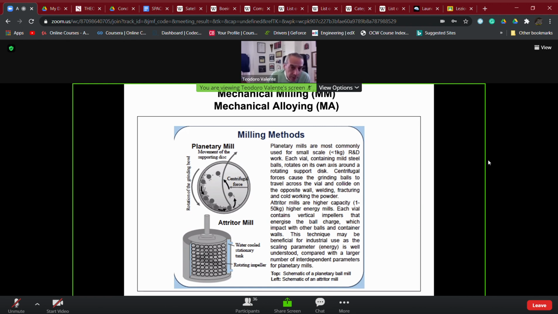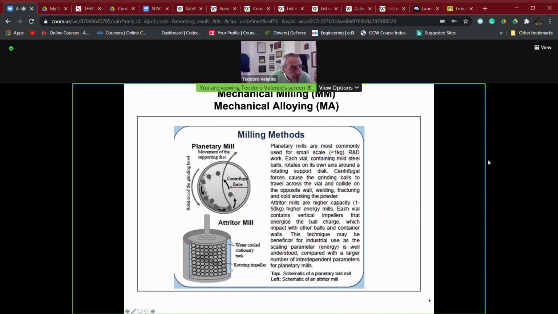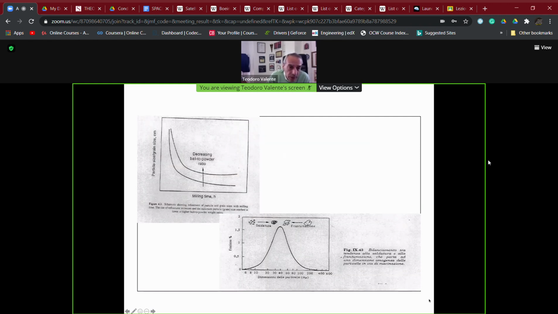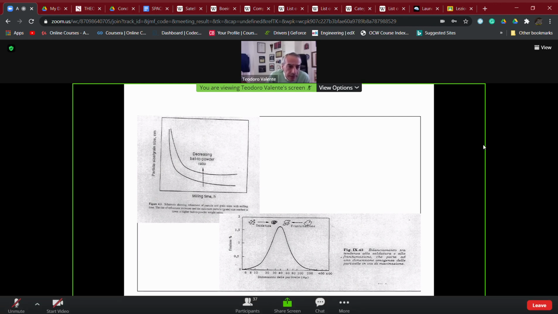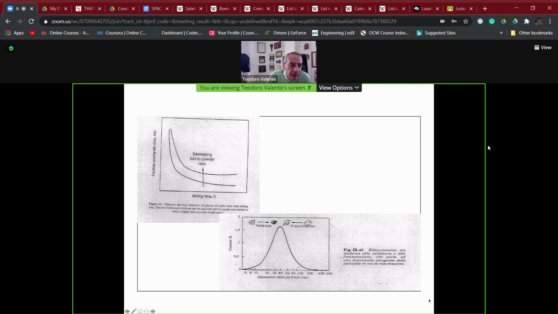Qualitatively speaking, because obviously every system has its own figures, its own numbers, what is going to happen is, and we will give an explanation of this, that by increasing the milling time we will have a decrease in the average final particle size. And this phenomenon is not an infinite phenomenon.